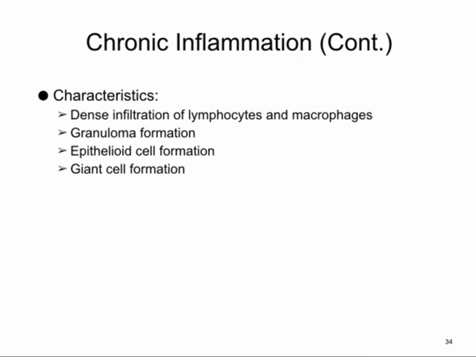So there's usually with chronic, you'll have like a dense infiltration of lymphocytes or macrophages in the area, granuloma formation, epithelioid cell formation or giant cell formation. And I don't expect you to remember all these different characteristics here, but an example for this would be even TB.